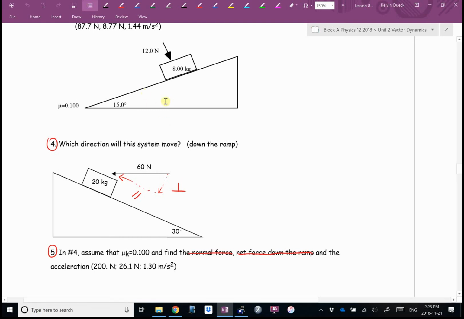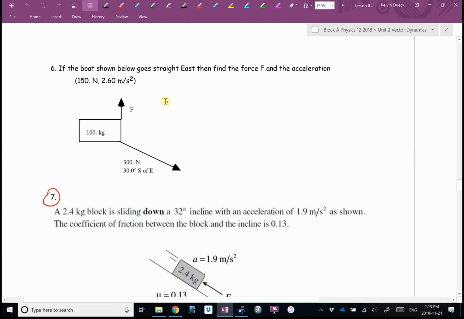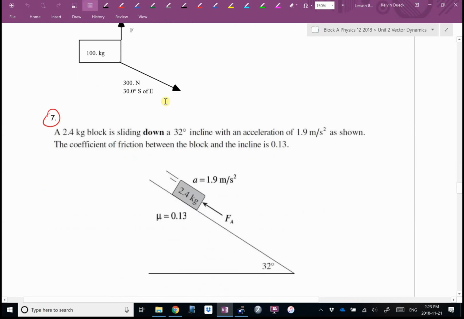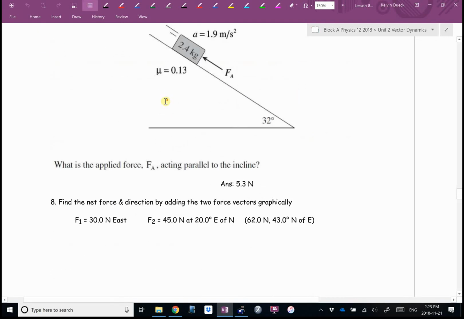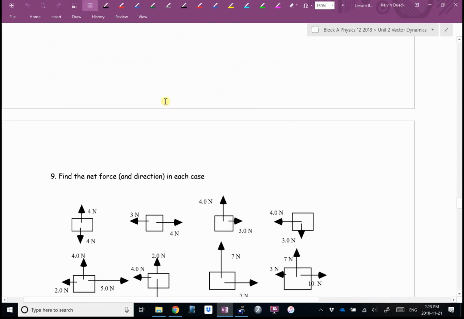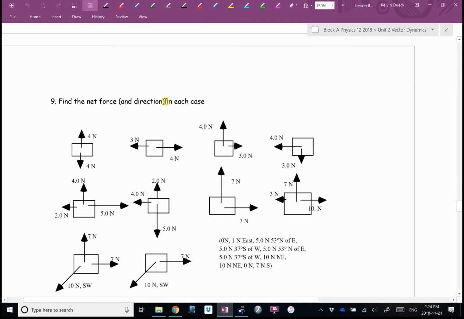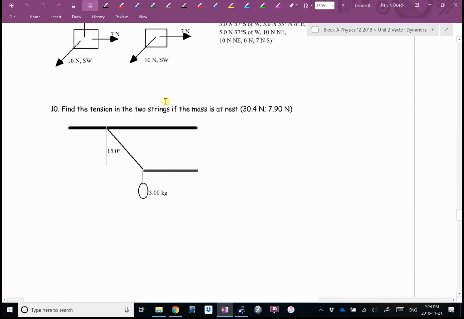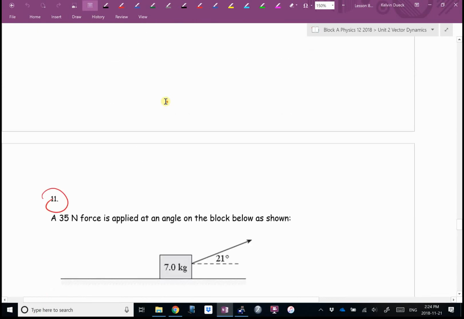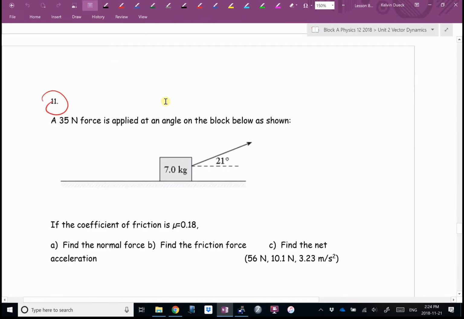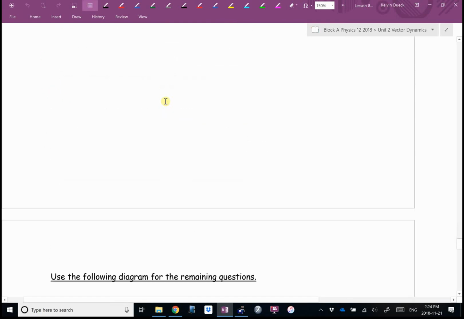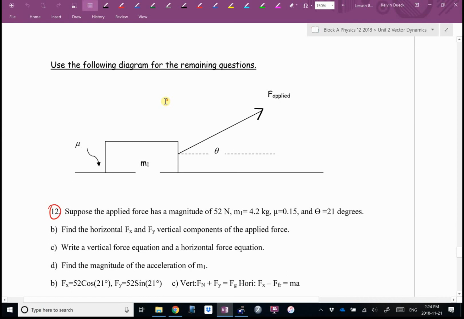Seven, can skip 8. You can skip 9. You can skip 10. 11 is good, though. That looks like a lawnmower question. 12 is good, though.